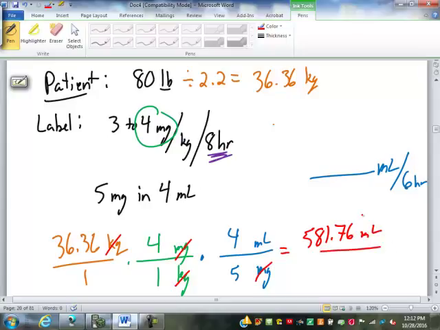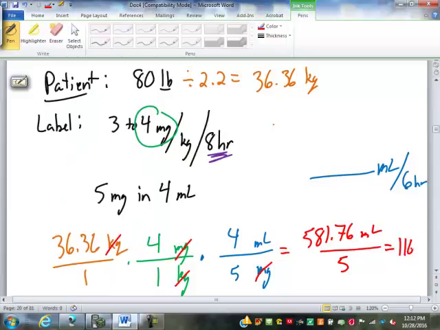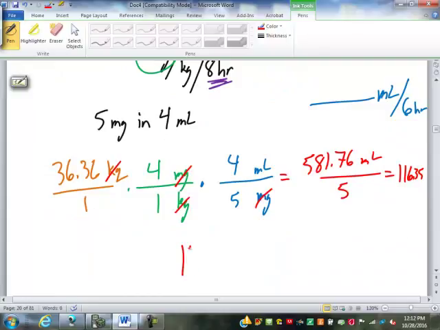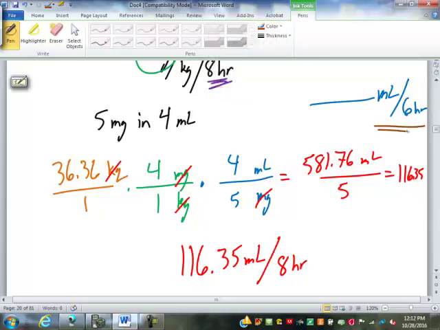On bottom, 1 times 1 times 5 is 5. So I'm going to divide that out. 116.35. Now the problem is that 116.35 milliliters is per 8 hours. We want this per 6 hours.